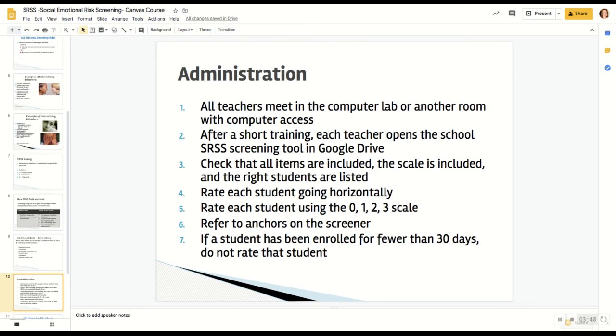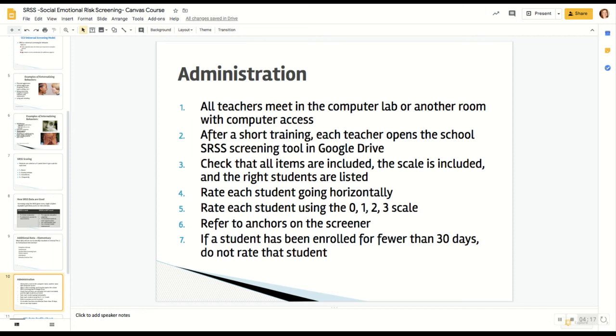So just a bit about how this assessment is administered. Basically, teachers meet in a lab or other room where they have computer access. There's a short training, and then each teacher has the tool in their Google Drive. They check that everything's included and is ready to go, and then they begin the rating process, rating each student one at a time on that scoring scale.